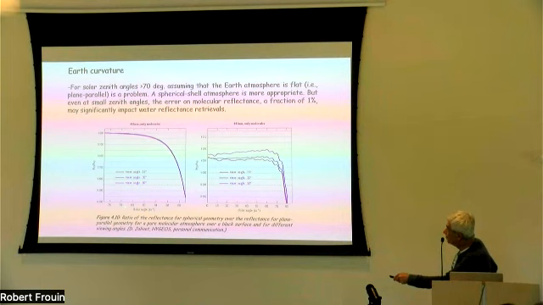And it's not so important because Rayleigh scattering is very much directional. But you can see that above, let's say, 78 degrees or so, you start to have a really important decrease.